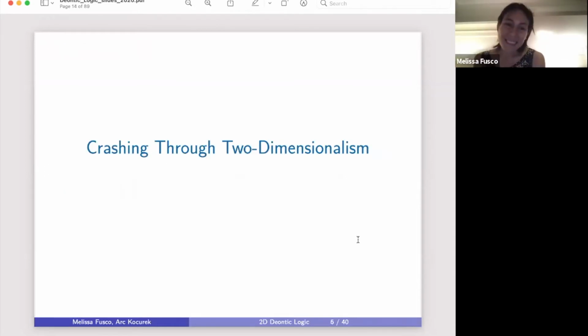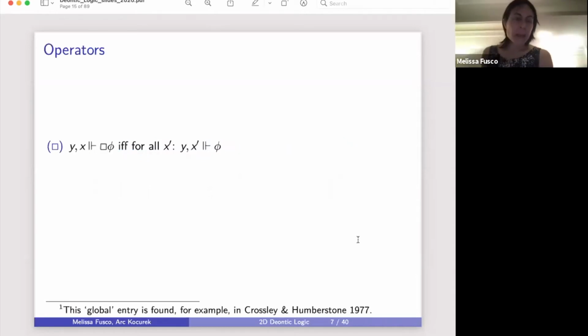All right, so I do assume that a lot of people in this audience are familiar with two-dimensionalism, but I'll crash through it in one way or another. So, of course, the basic difference in the semantics is that in two-dimensional semantics, our formulas are satisfied relative to, instead of a single world and a model, a pair of worlds taken from a model, right?